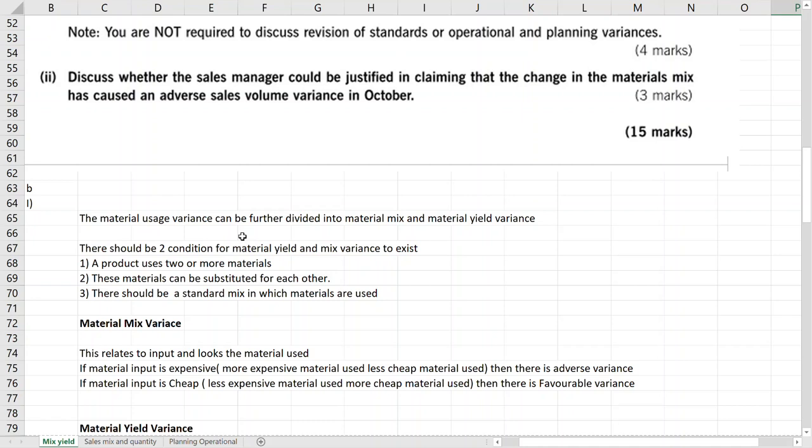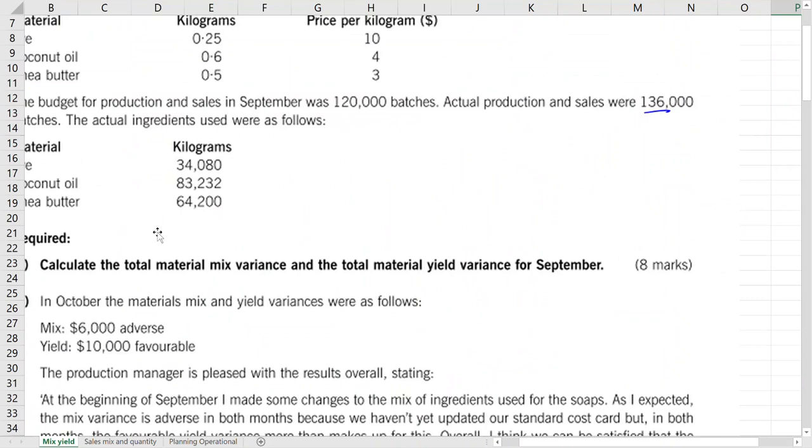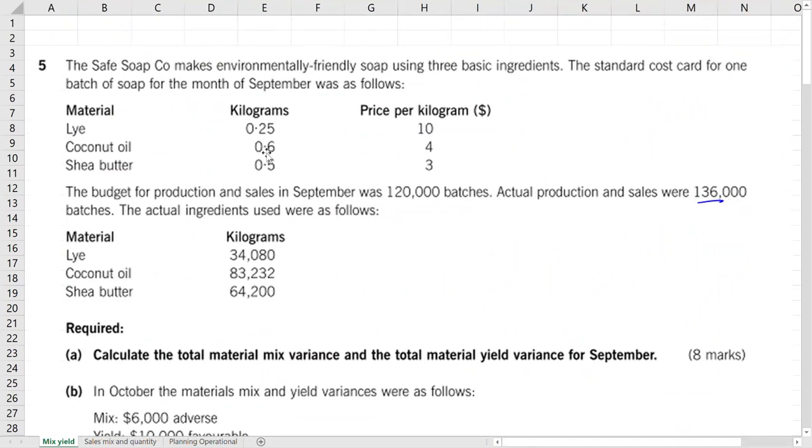They should give you a standard mix. Standard mix means, like in this example, they said 0.25 kilograms of lye is used, 0.60 kilograms of oil and 0.50 kilograms of butter is used. So around half, about 500 grams, about 600 grams and 250 grams.